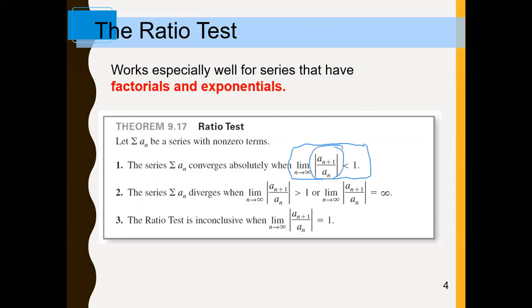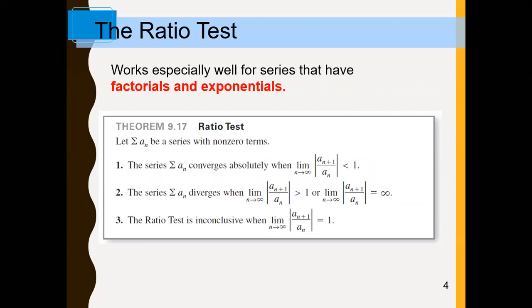If the limit of the ratio of absolute value of terms is less than 1, you have convergence because the thing's behaving like a geometric series. If the absolute value of the ratio of consecutive terms is bigger than 1, the series diverges, and of course that had to be true because that means the terms are actually getting bigger, which is a horrible situation to find yourself in, yeah?